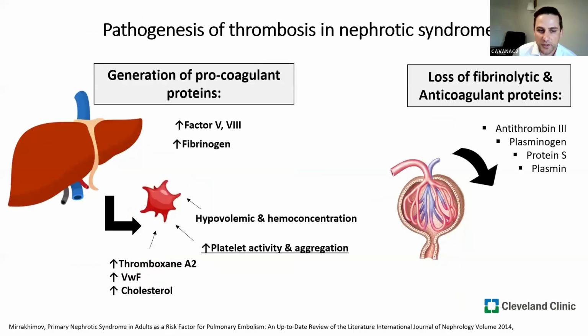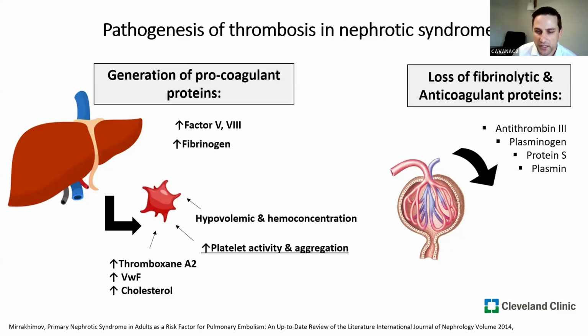The pathogenesis, this is what we've been taught, I think, since the beginning, which is a balance of production of procoagulant proteins: factor V, factor VIII, fibrinogen, things like von Willebrand factor, and high cholesterol. There's a role for platelet activity and aggregation being increased in nephrotic syndrome as well.